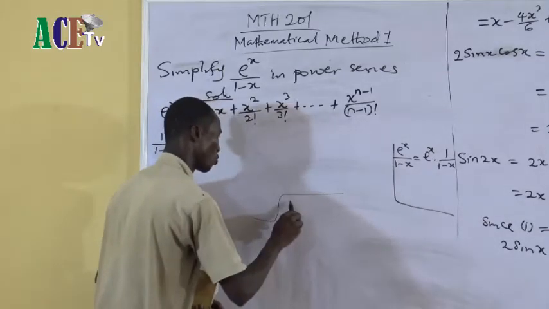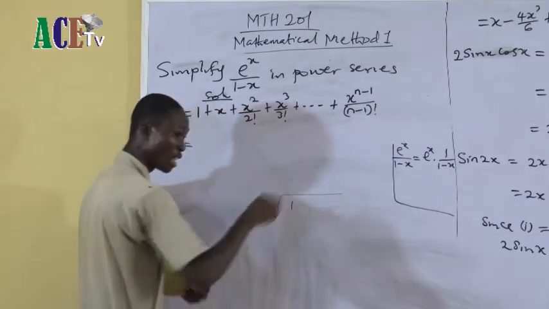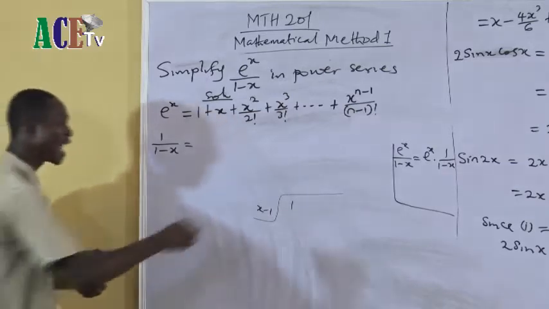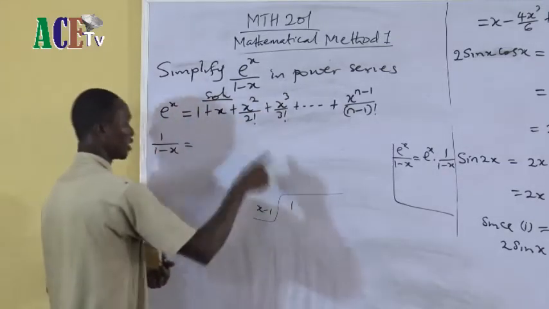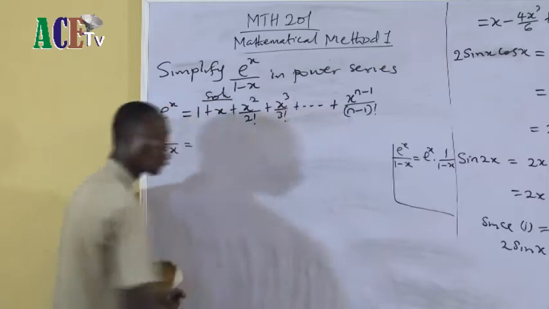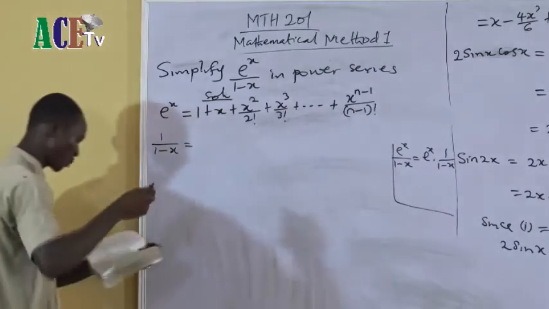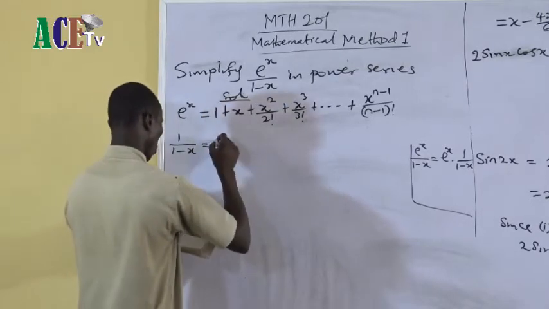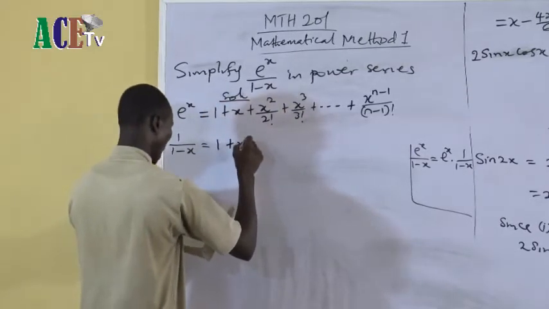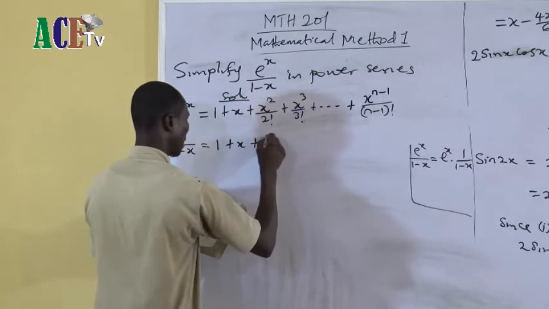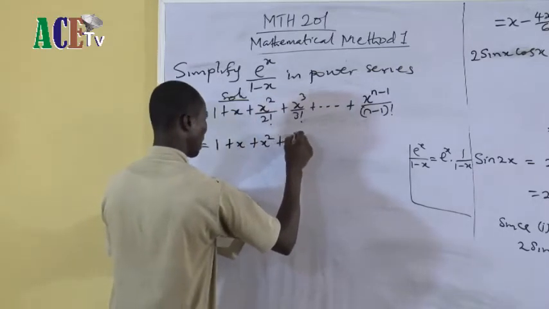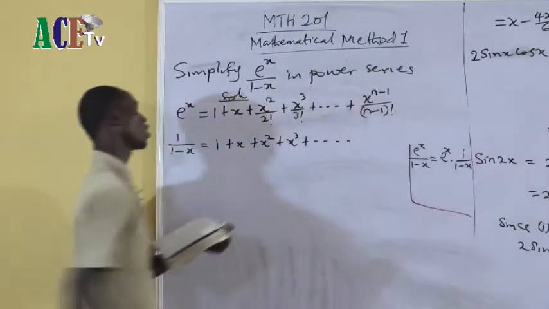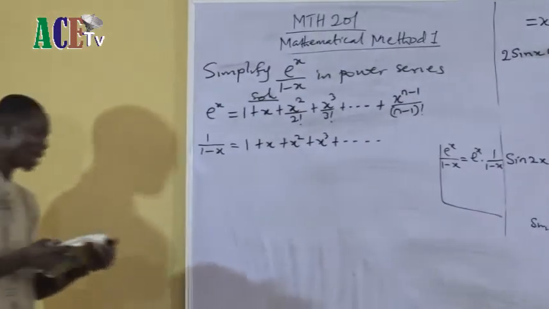When you have 1 and you have 1 minus x, when you do that, you will get the value, and that is what we call the quotient. So if you expand that, I will get 1 plus x plus x squared plus x raised to the power 3 and so on and so forth. That is the answer we get there.